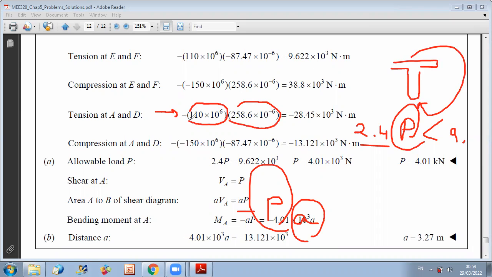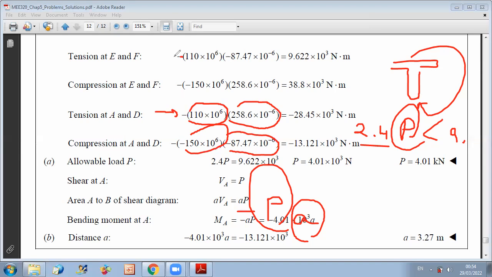So to get the corresponding maximum moment in the negative case, I should multiply the tensile stress by I over Y at the top level, which is 258.6 times 10 to the minus 6, while for the compression, I should take the allowable stress times the value of I over Y at the bottom, which is minus 87.47 times 10 to the minus 6. Here, you should do the calculation. You cannot predict which one will be more critical.